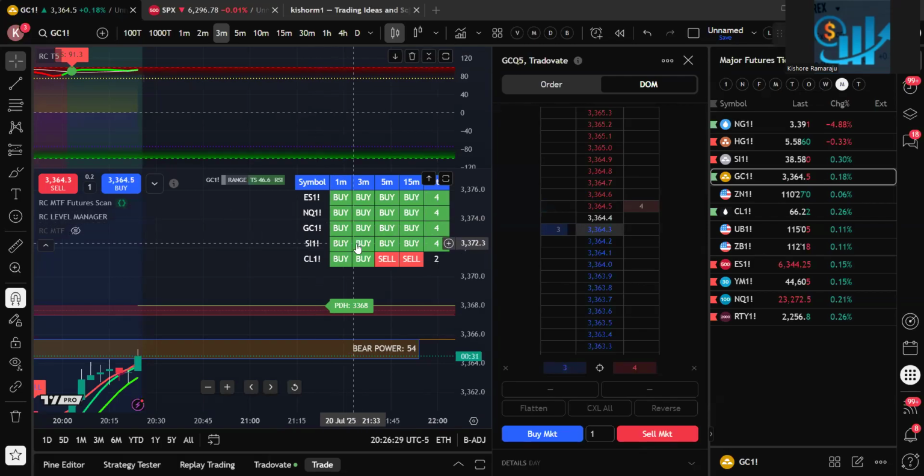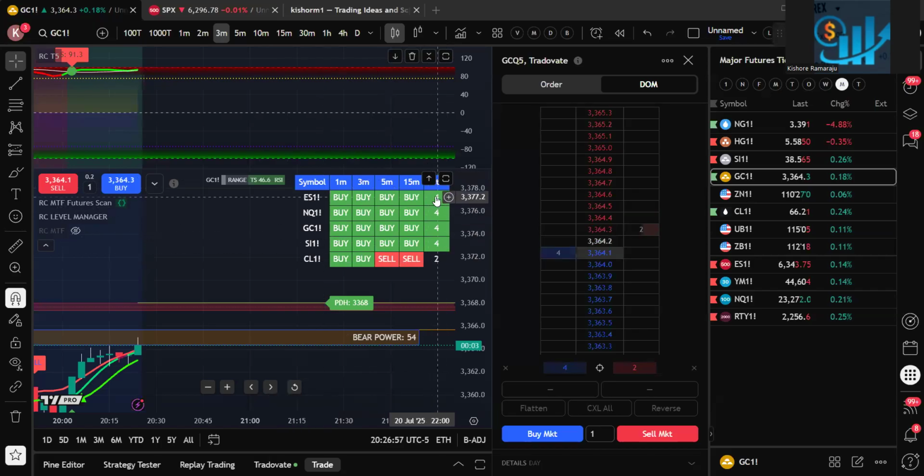If GC is bullish, generally silver and copper will have the same scores. If crude oil is having buy or sell, then generally RBOB will have the same score. So instead of having so many tickers in the table, if we have a small table, it will be easy. You can have it on the same screen itself.